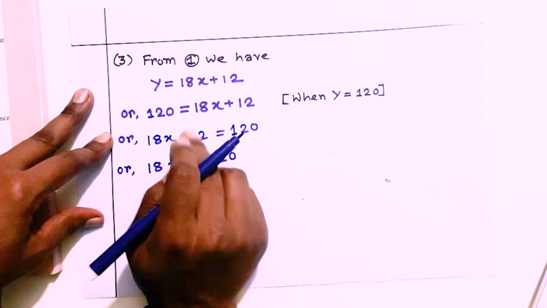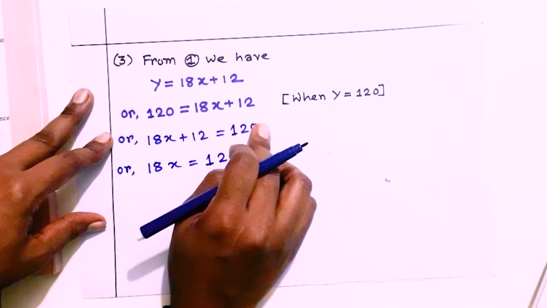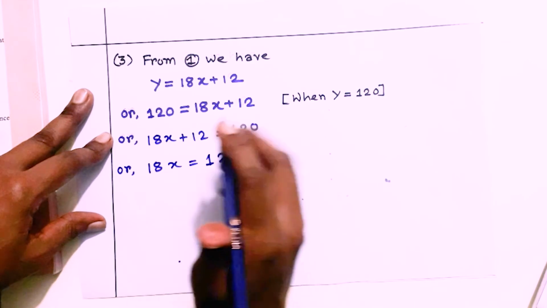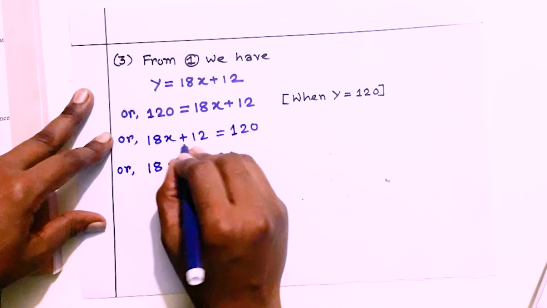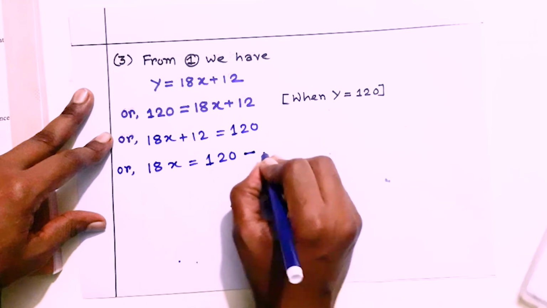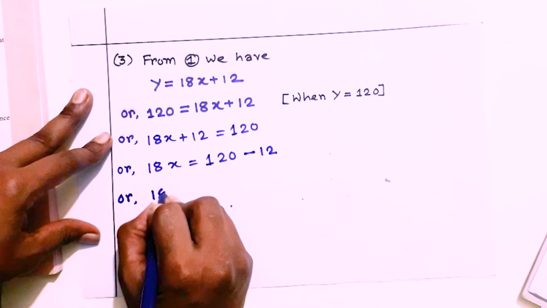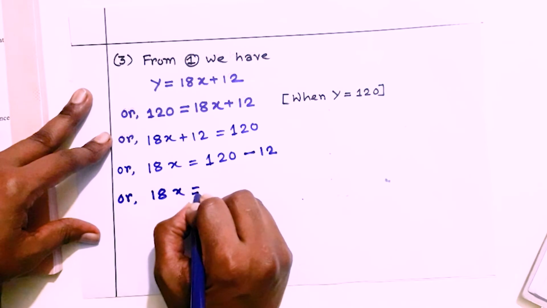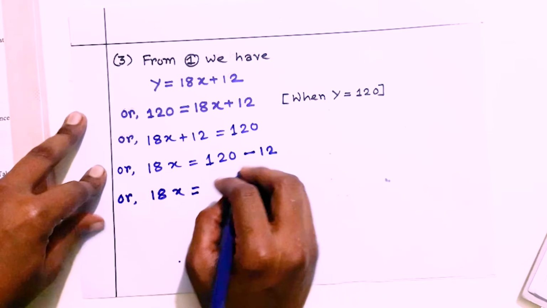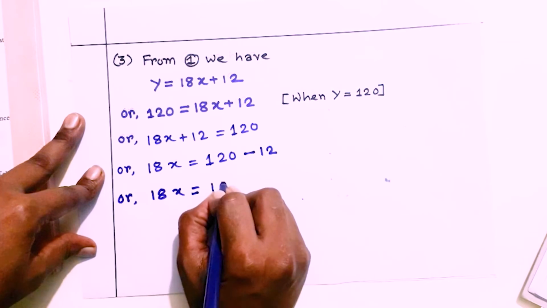Here is a plus sign, so when we move it to the right side, the sign will be changed. So, here will be minus 12, or 18x is equal to 108.